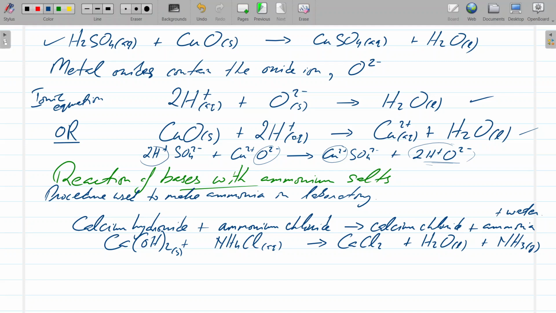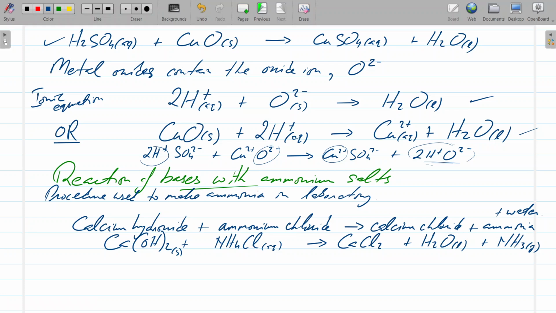What are we going to do? There are two oxygens on the reactant side. No, I'm sorry. Wait, Cl is not balanced.